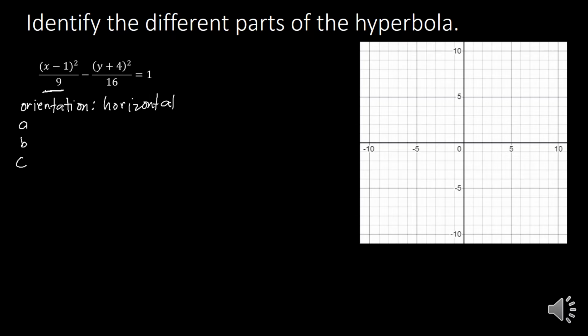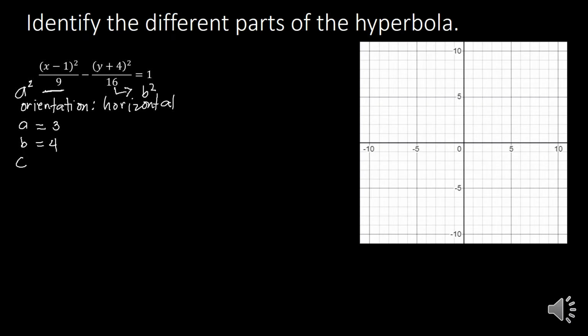So basically this is our a squared. Since this is a squared, we get the square root of 9, and that will be our a, which is equal to 3. And if this is a squared, the one with the negative expression is our b squared. Since b squared is 16, the square root of that is 4.